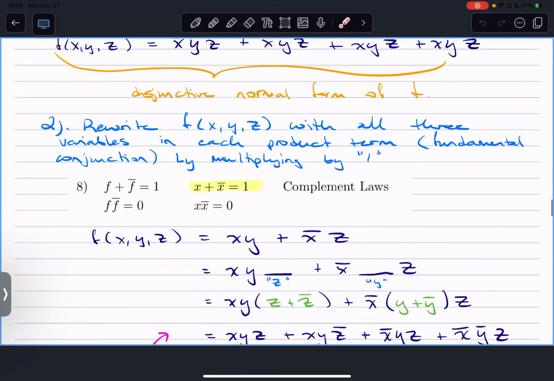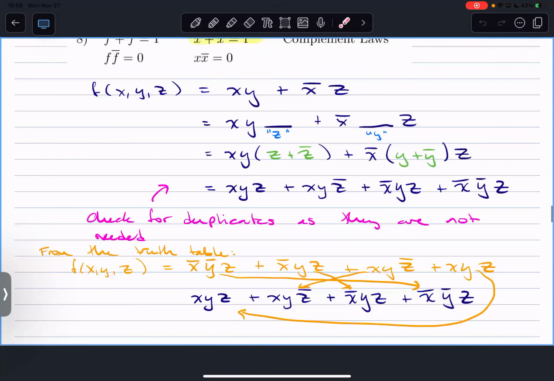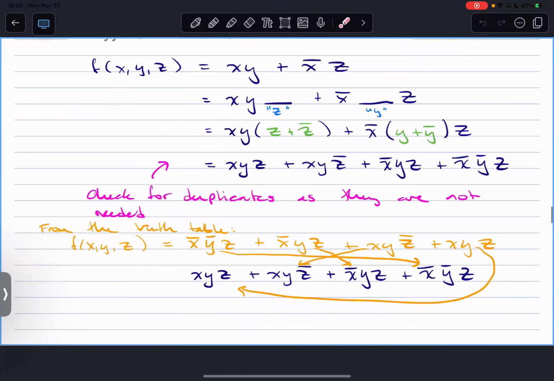You can use a truth table to find the disjunctive normal form. But what the disjunctive normal form is, is a sum of fundamental conjunctions of each of the literals.